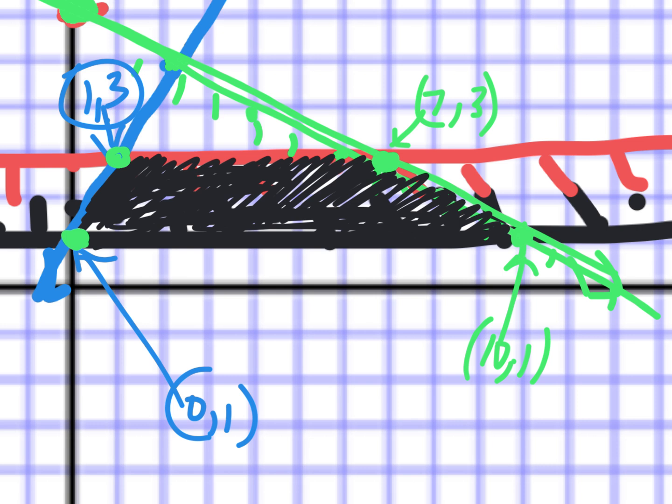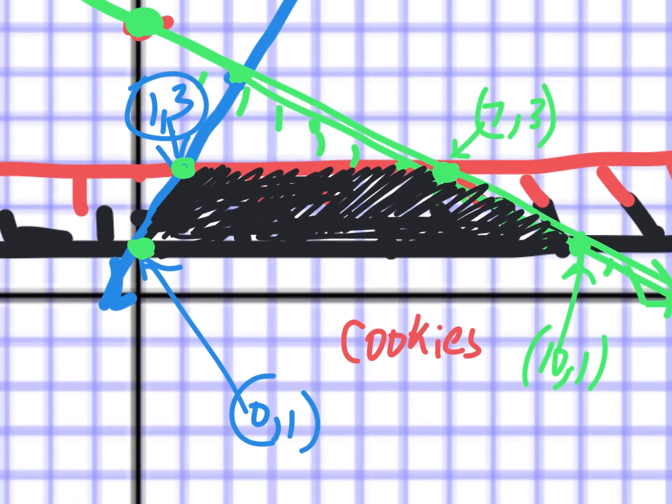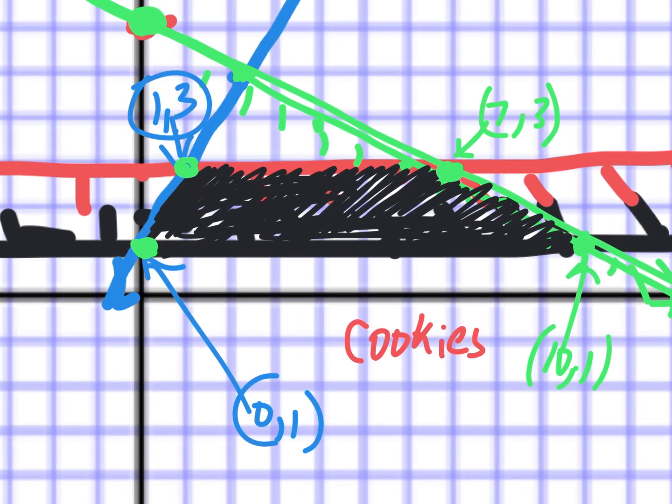What if I told you that the X axis here was about cookies and the Y axis was about muffins?